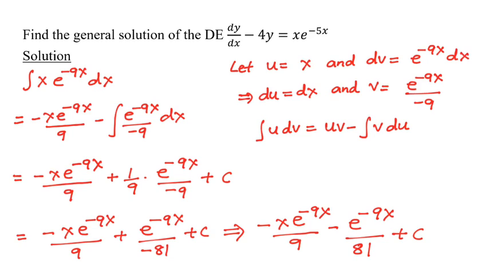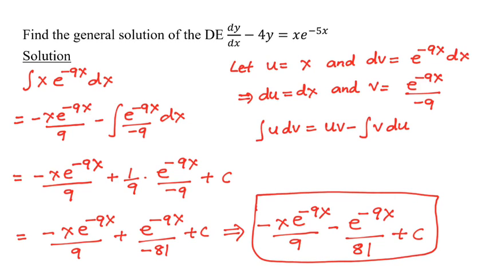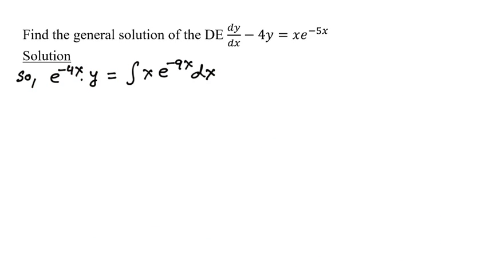Now we are going to substitute the right hand side integral with this value, and let's see what we get. Okay, this is what we had before. Left hand side remains the same.